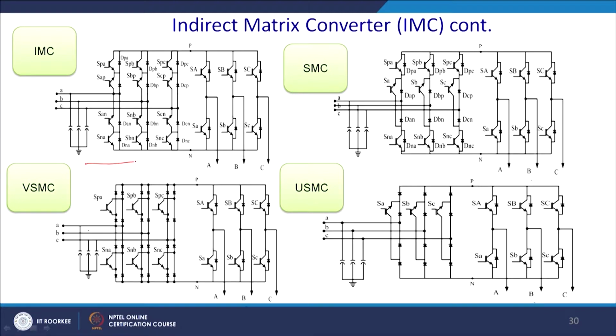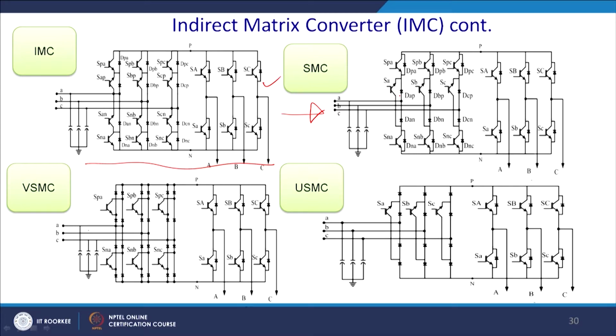So, here is a normal IMC. This part is a 3 level normal rectifier, but without the decoupling, and you have a 2 level inverter, but see the changes here in this SMC. Some portion of the switches is required to be common.